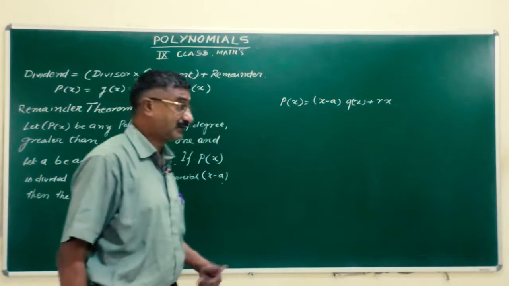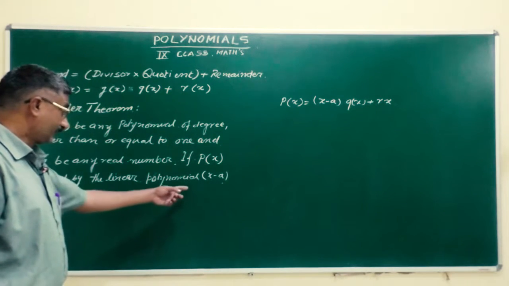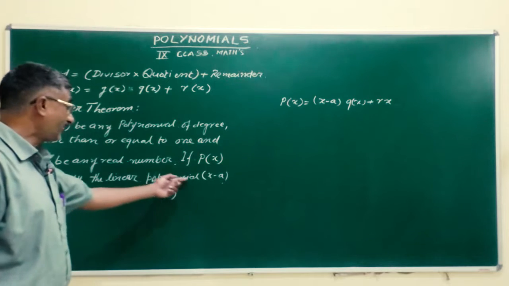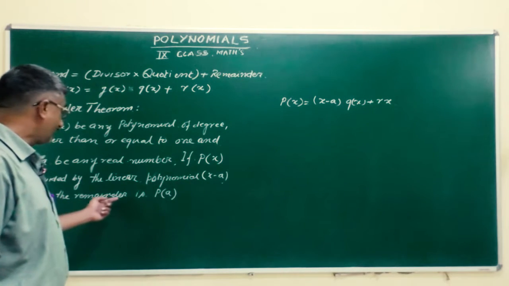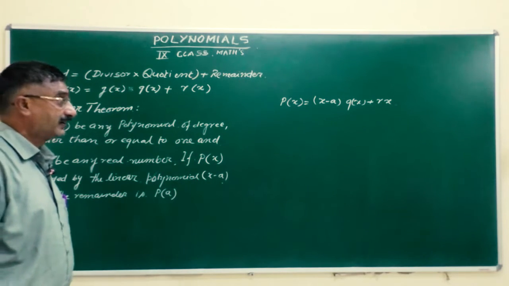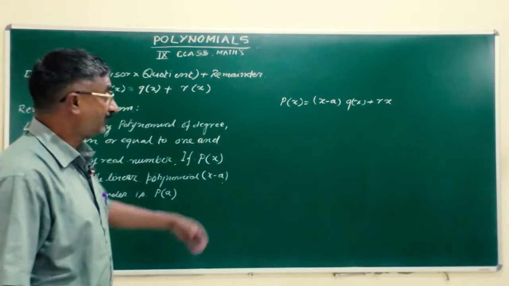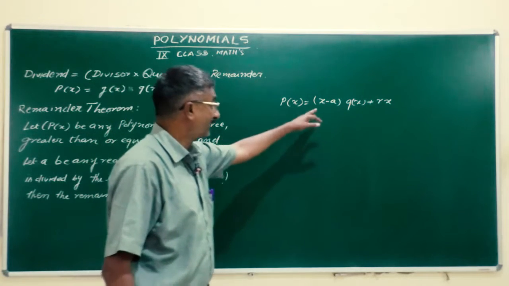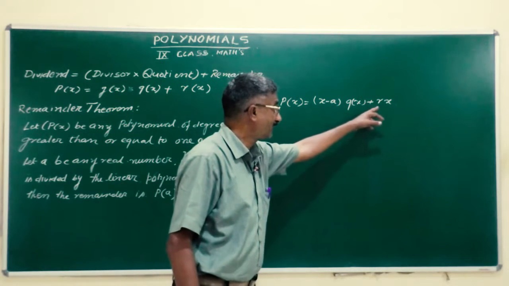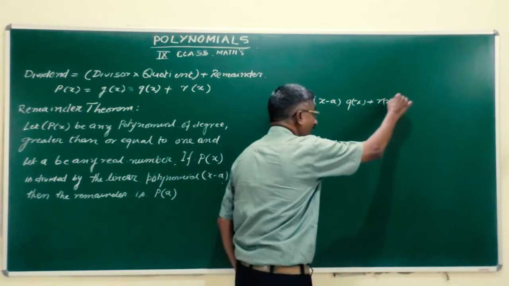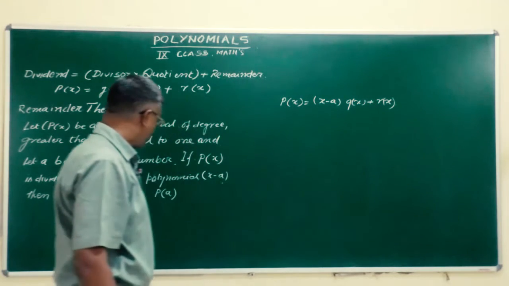If that equation is divided by the linear polynomial x minus a, then the remainder is p(a). We can prove this also: p(x) is equal to (x minus a) into q(x) plus r(x). This is the remainder. Clear? What is the meaning?